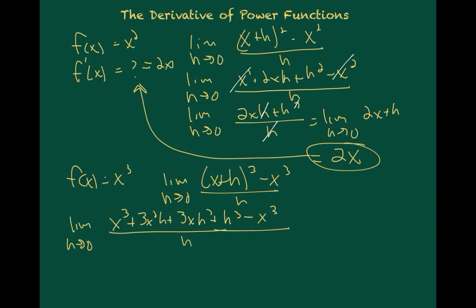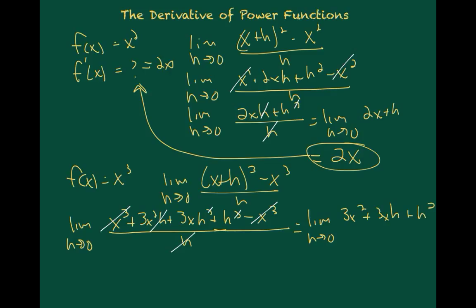Well, several things are going to happen there. Just to save myself the space, I know that the x cubes will cancel, and then each term in the numerator has an h in it, so I can cancel the h in the denominator with each one of these. And so it's going to simplify to equal the limit as h approaches 0 of 3x squared plus 3xh plus h squared.